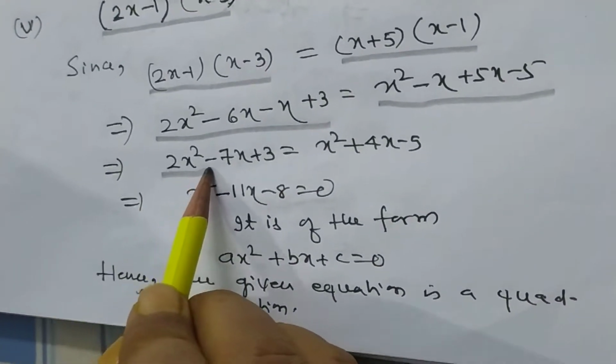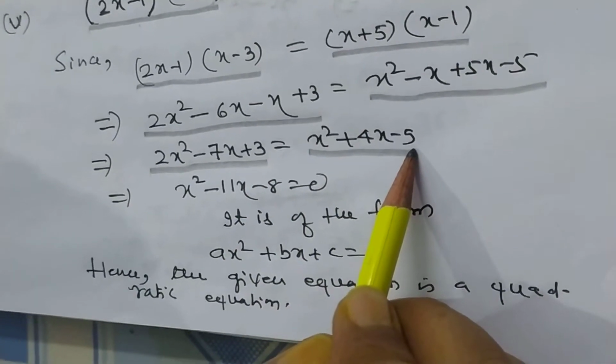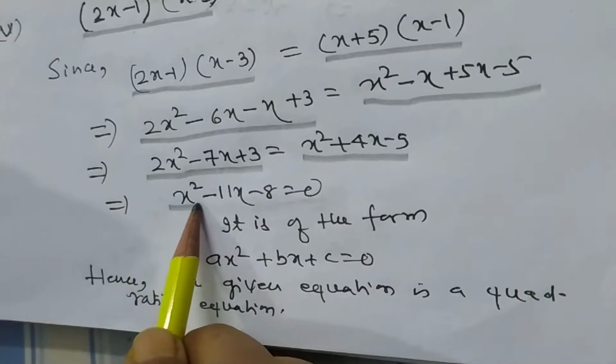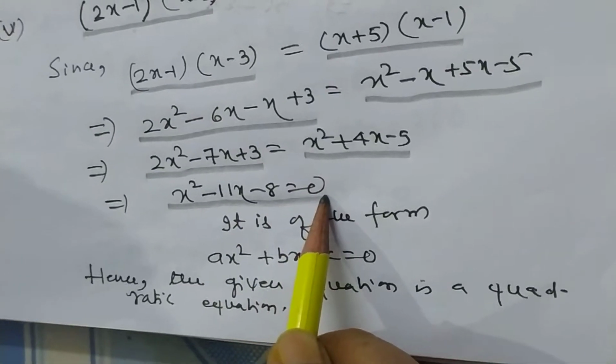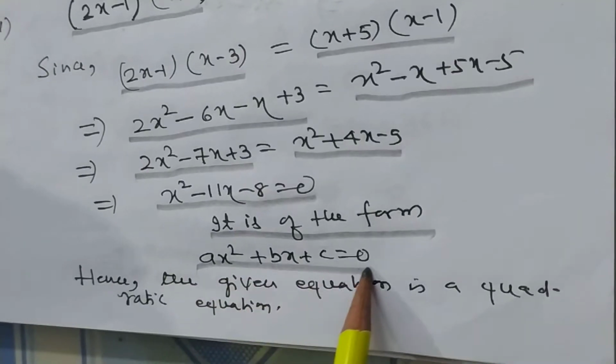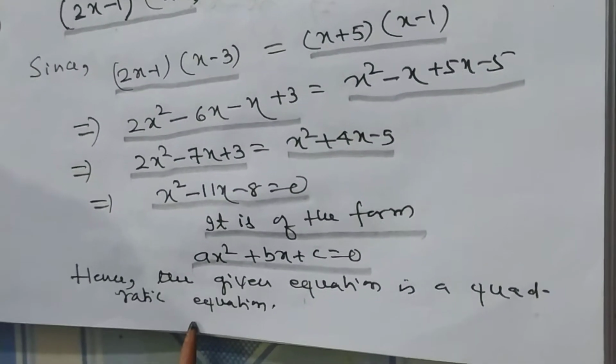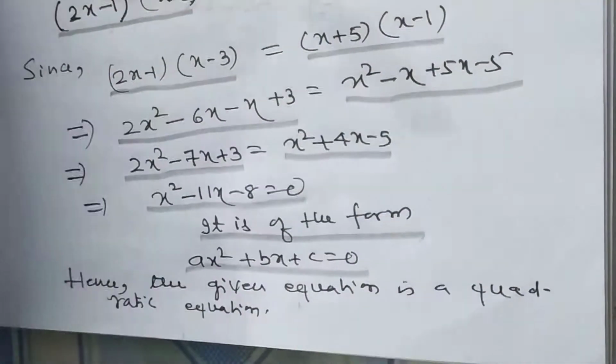So it will be 2x² − 7x + 3, and it will be x² + 4x − 5. So it will be x² − 11x + 8 = 0. So it is of the form x² + bx + c = 0. Hence, the given equation is a quadratic equation.